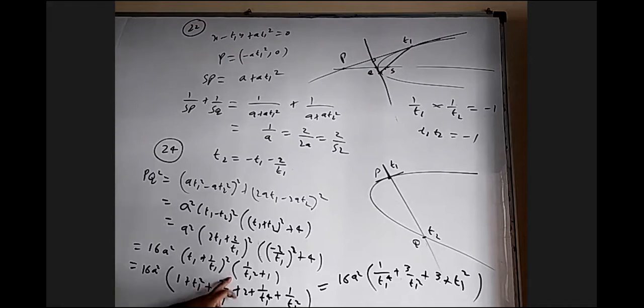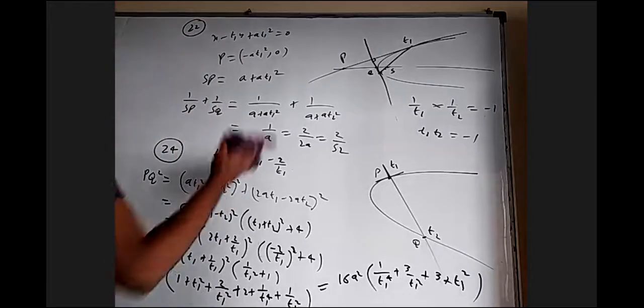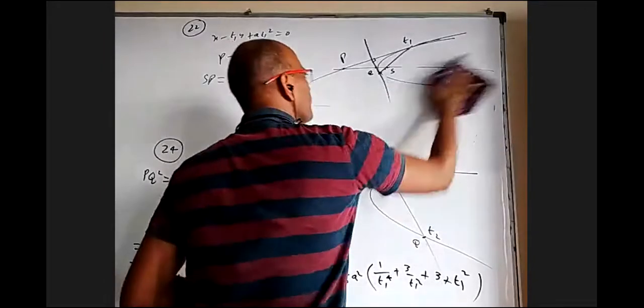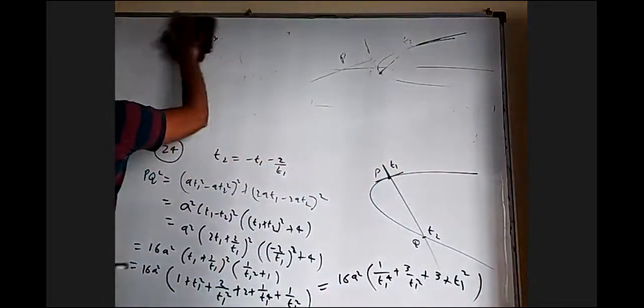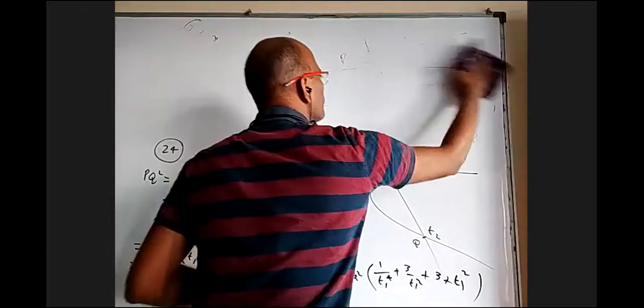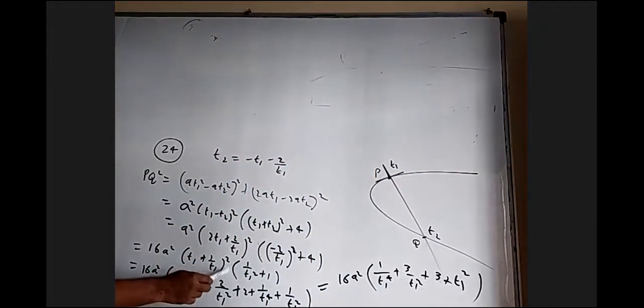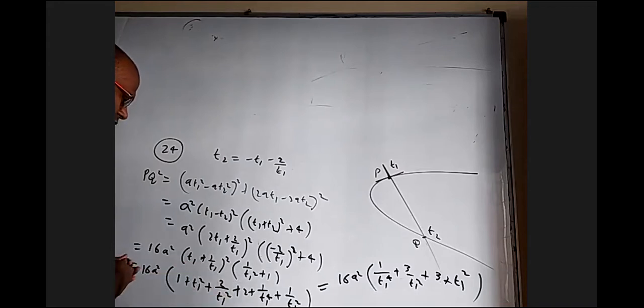Or differentiate here using the UV rule also. Let's see. Instead of expanding, let me apply the UV rule only for this part. I have to find the derivative and equate it to 0.